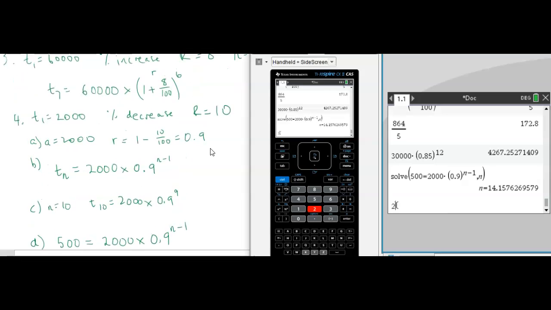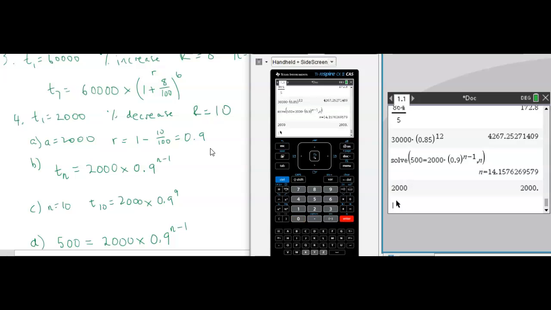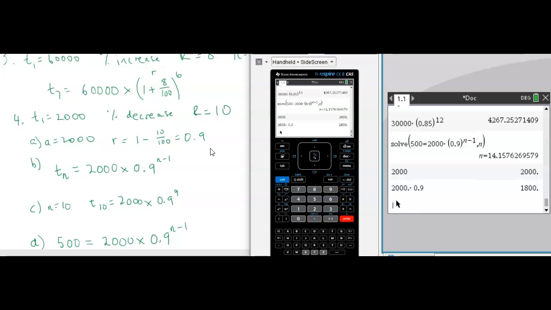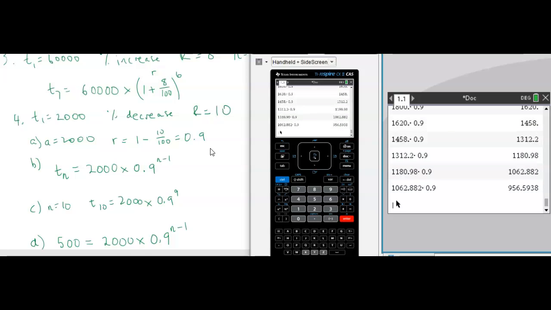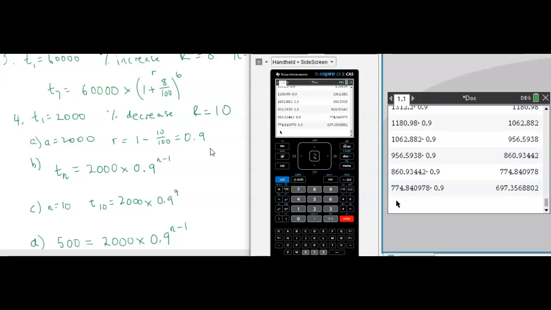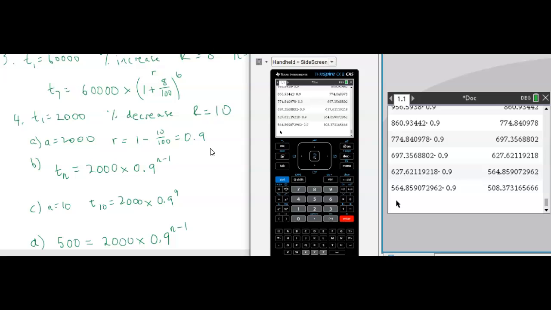Now, if you wanted to on your calculator, you could keep doing your recurrence relation. So we're starting with 2000. Okay, and we're multiplying by 0.9 each time. Okay, so we've had 1, 2, 3, 4, 5, 6, 7, 8, 9, 10, 11, 12, 13, 14, 15.